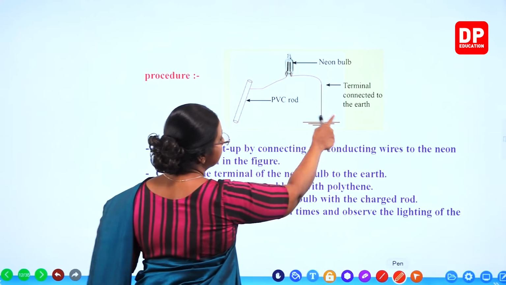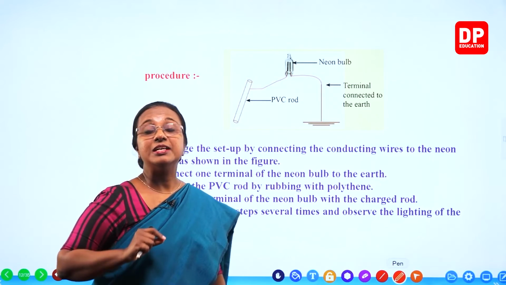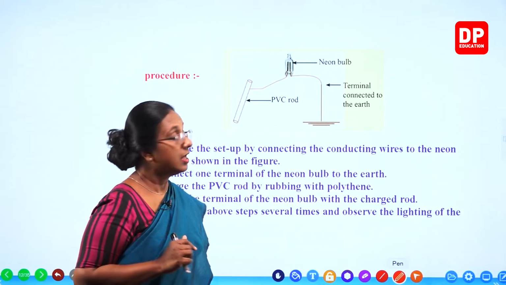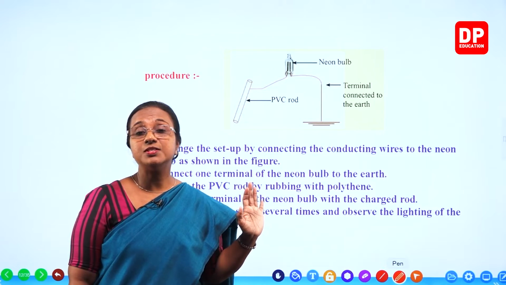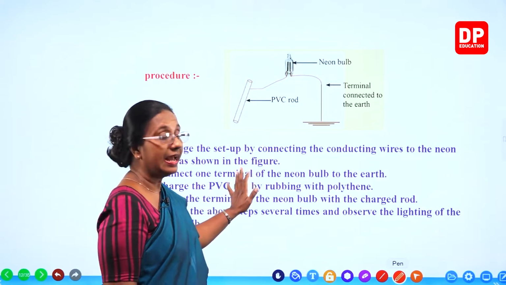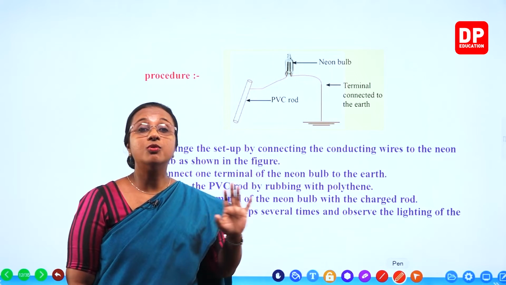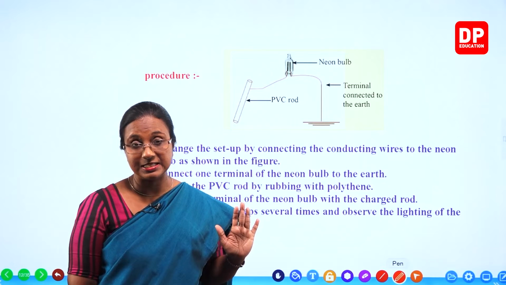Now, this symbol is something you all need to remember. This means that the terminal is connected to the earth. So here, initially without rubbing the PVC rod with anything, if you connect it like that, there will be no change. That means the neon bulb will not light.